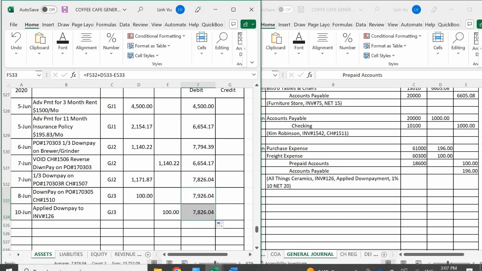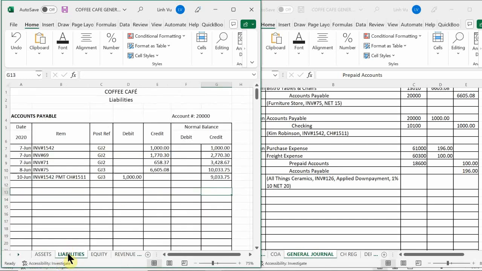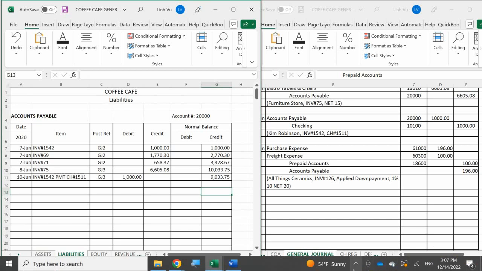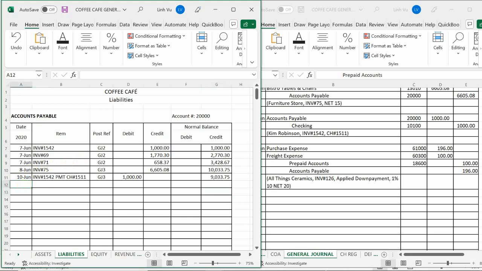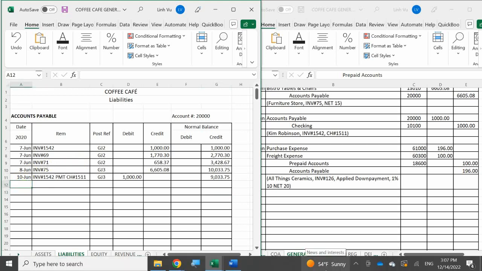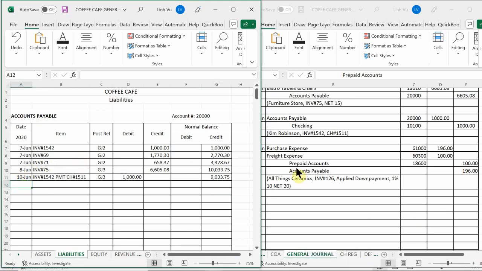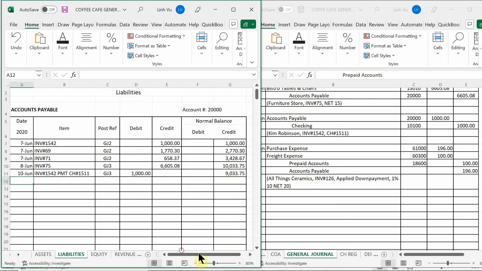And then, last but not least, we need to update our accounts payable, because now, what happened here? We ended up making more liabilities. Okay?